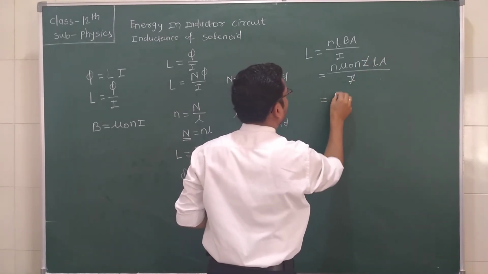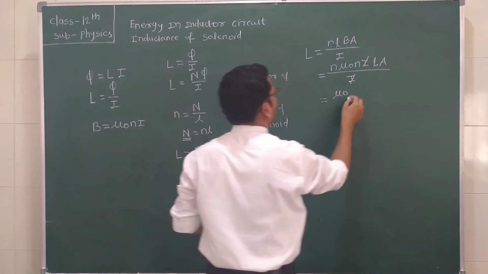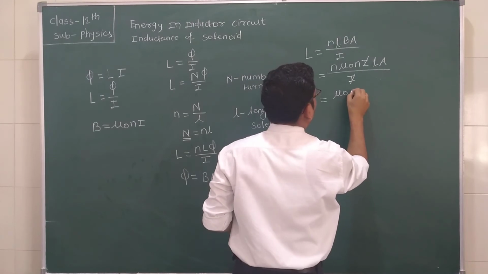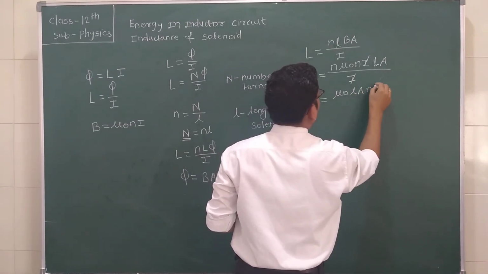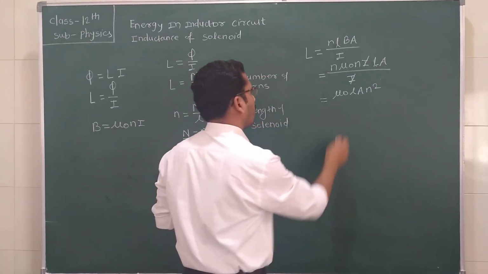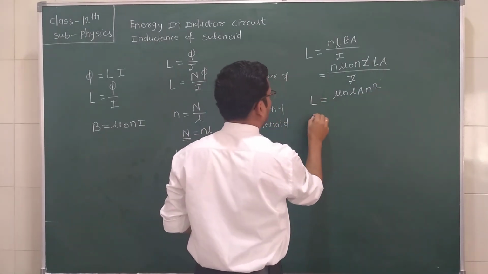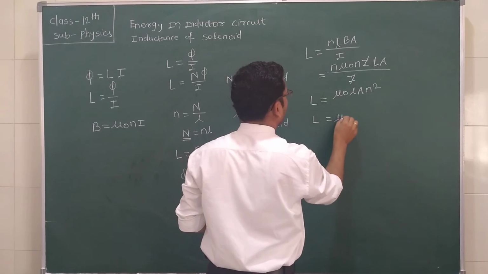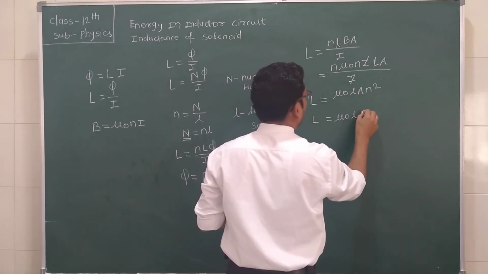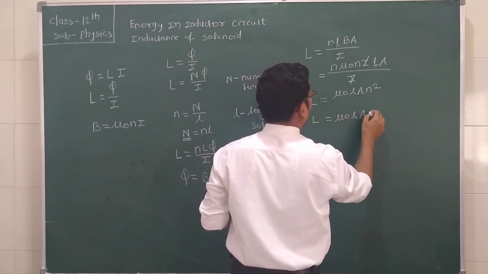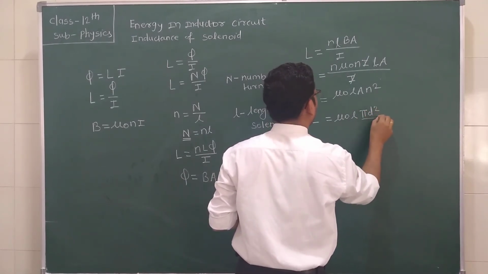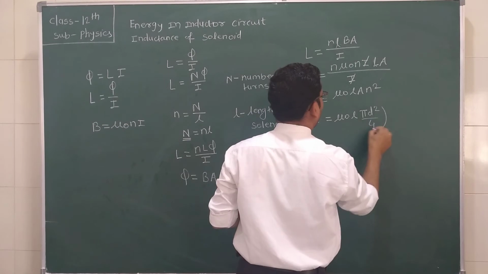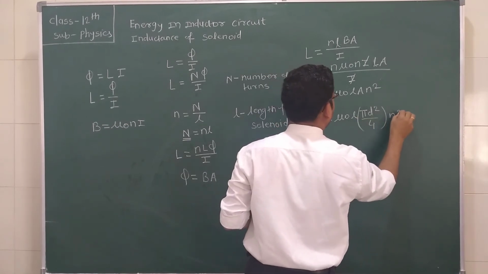This is equal to mu 0 l A n square, or this inductance can also be written as mu 0 l into A, or we can write pi d square divided by 4, multiplied by n square.